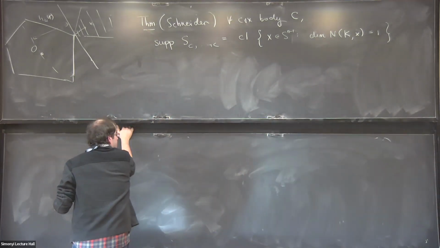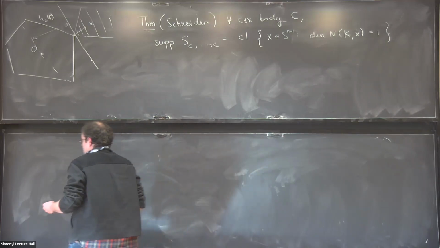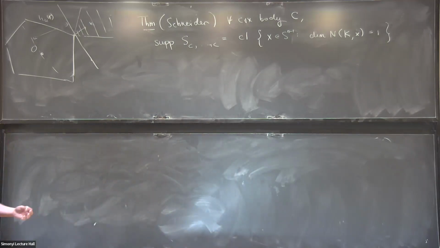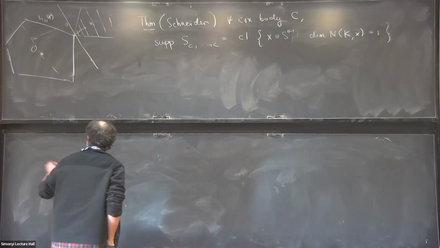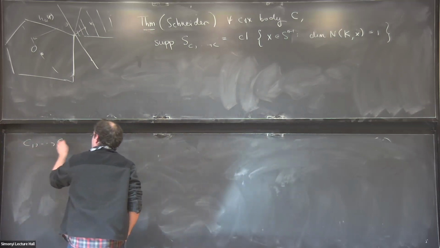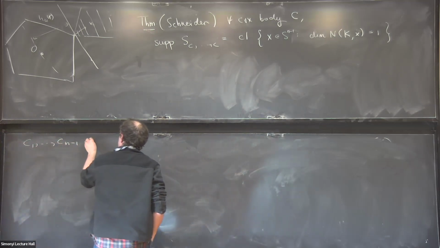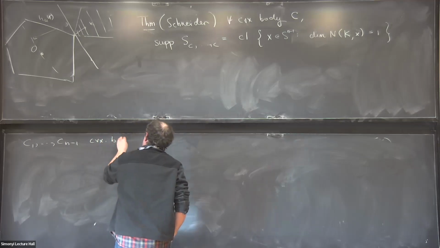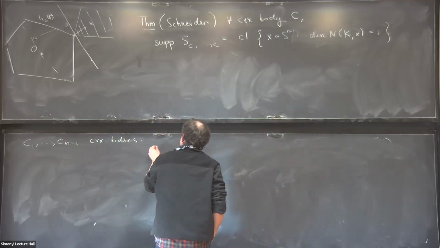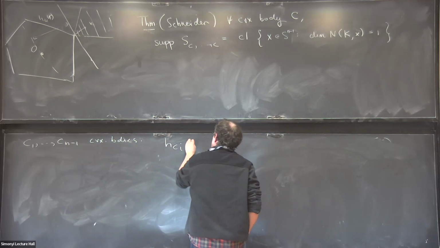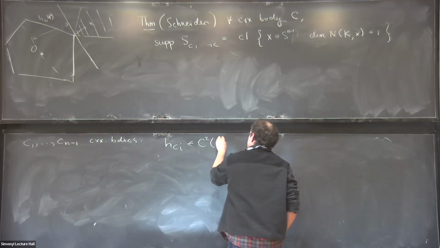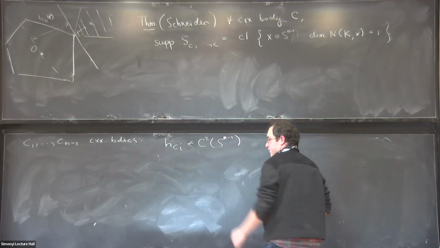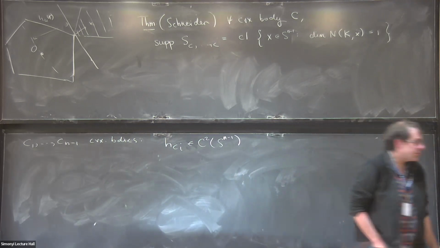Now, very good. So now let's try to get to a kind of conjecture. Suppose that we have n-1 convex bodies, but let's still assume that their support functions are C2.